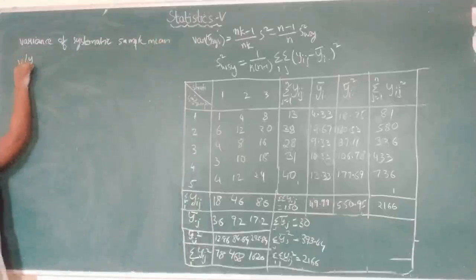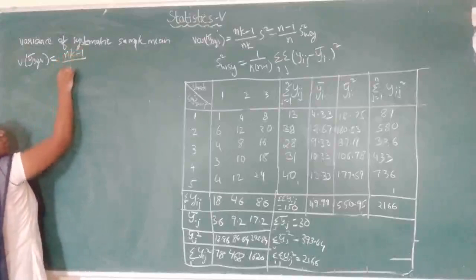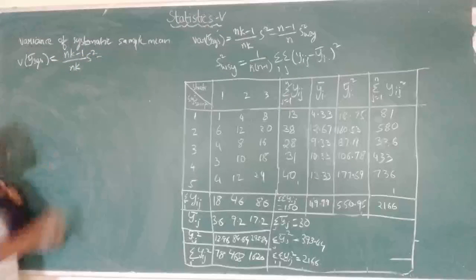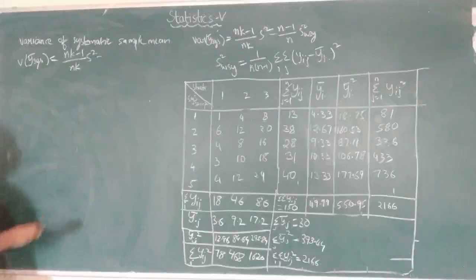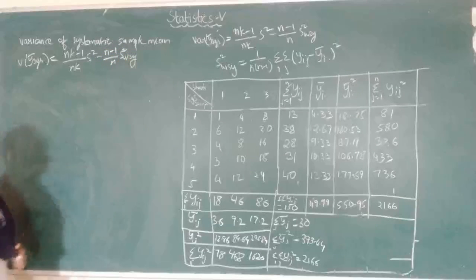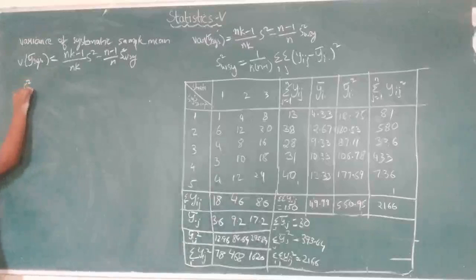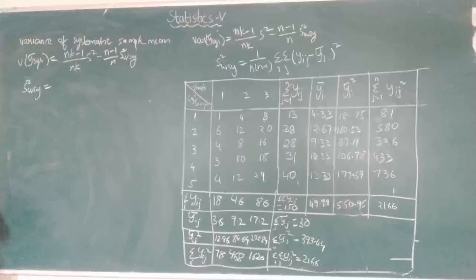Variance of y bar sys equals nk minus 1 by nk S squared minus n minus 1 by n into S square wsy, that is the population mean square between the units of the same systematic sample. So what is the formula for S square wsy?